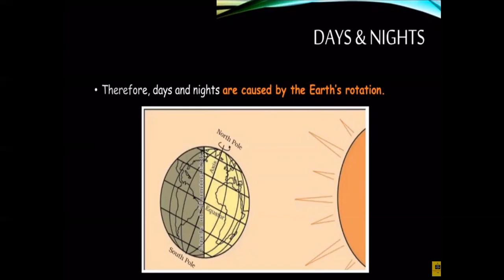Beside that, two paragraphs are given, right? What would happen if the Earth did not rotate? That entire portion you have to read. In short, you have to read pages 18 and 19. On page 19, read that first paragraph, what would happen if the Earth did not rotate, up to that portion completely.